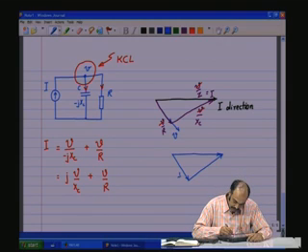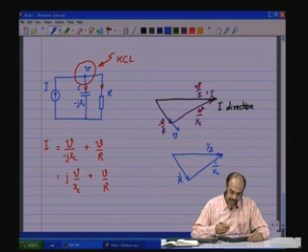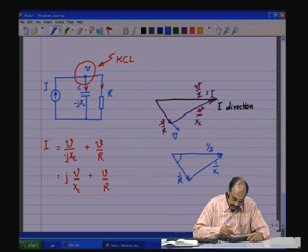This is 1 by R, this is 1 by X C, this is 1 by Z, and you have some angle theta here, same as the angle theta here.